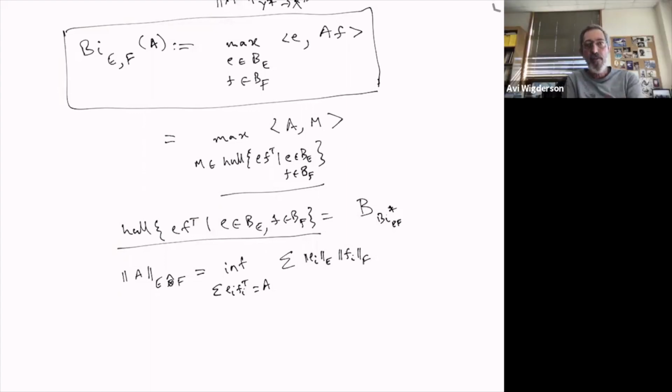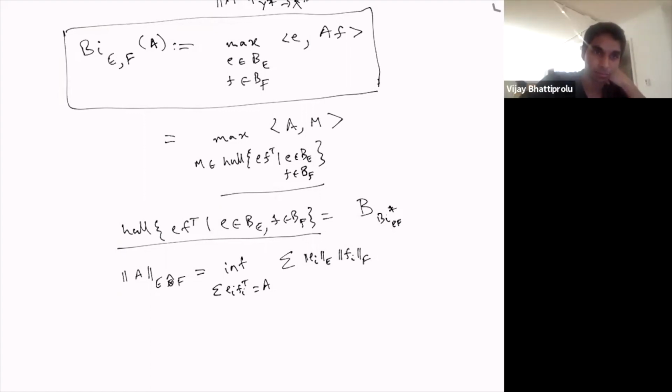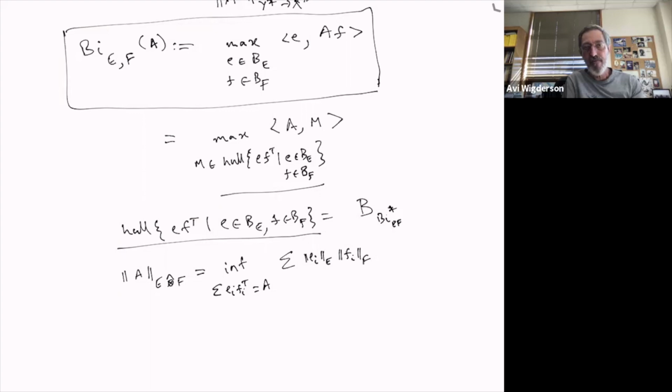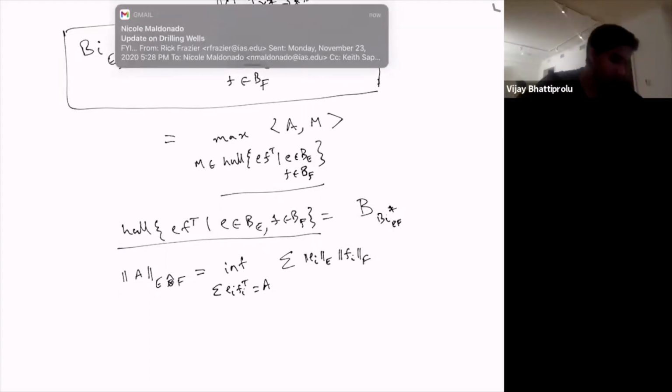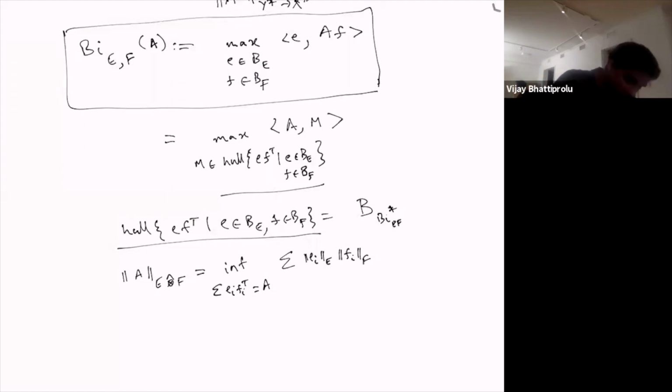Vijay, maybe it's good to give just a simple example. Let's say when E and F are both L2, then this norm is just, I guess, the top singular value. Right, so let's do examples. Let's say E equals F equals L2.